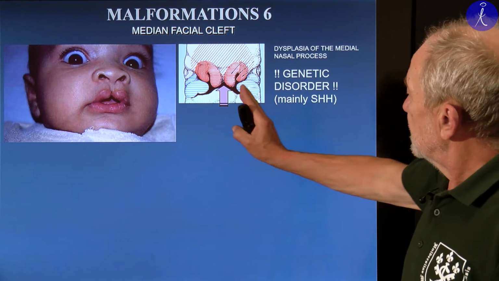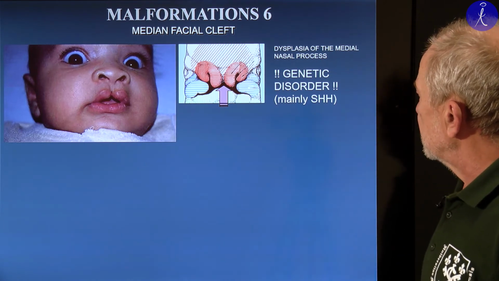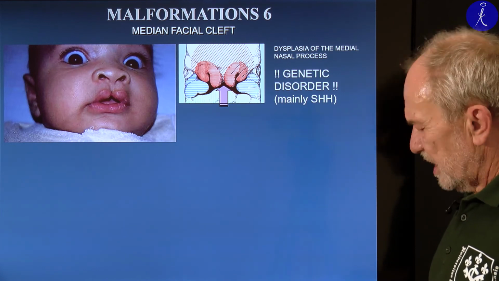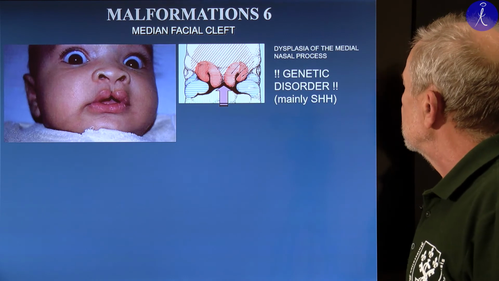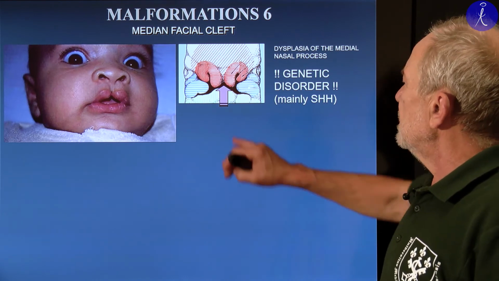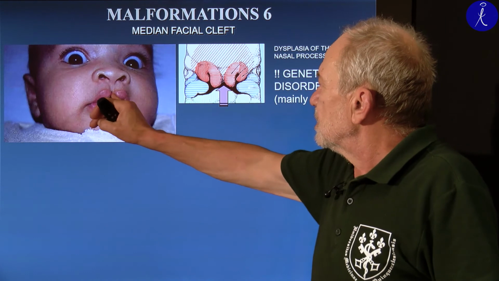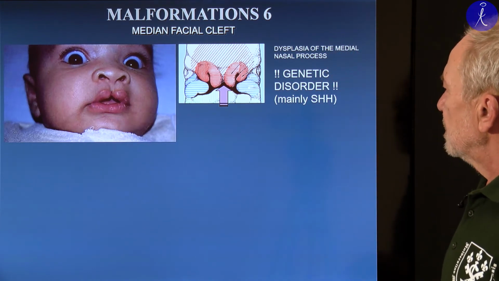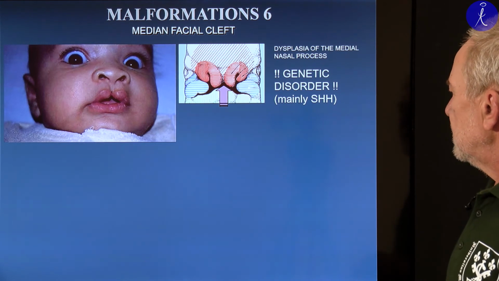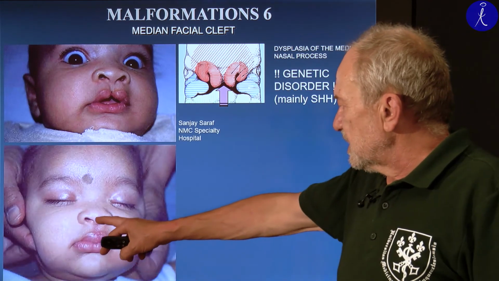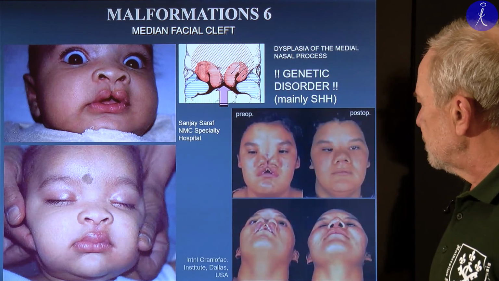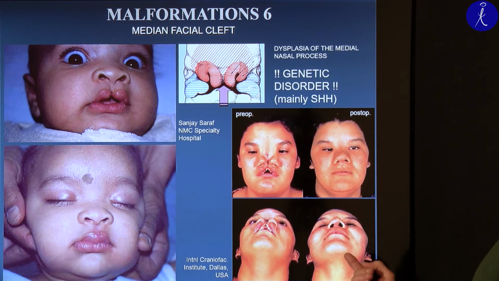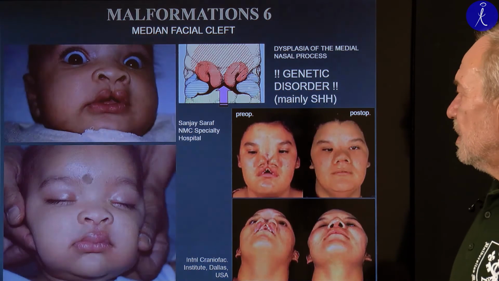But if there is midline dysplasia, due mostly to an SHH gene problem, then there could be a slit in between the two halves of the lips, and this is a median facial cleft, which again could be cured very successfully, as you can see in this picture. Even more severe appearance you can see here with a beautiful postoperative result.